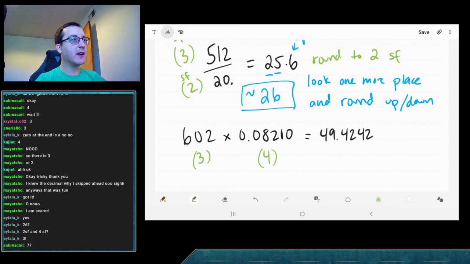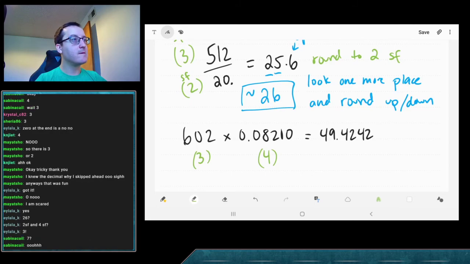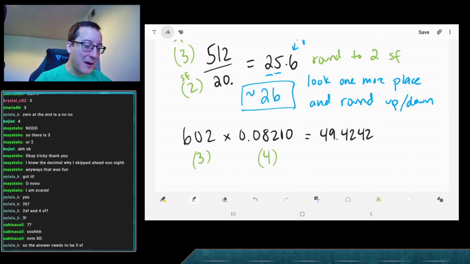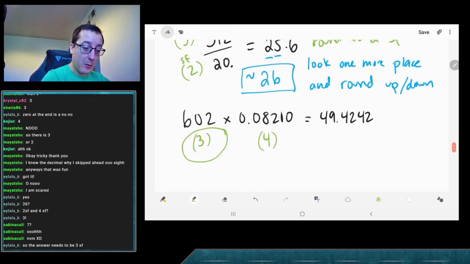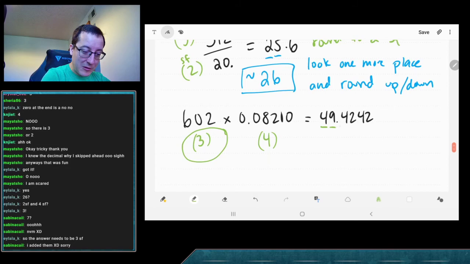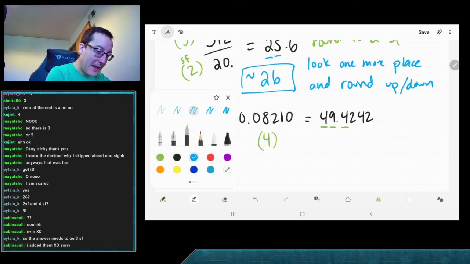Where did 7 come from? There aren't even 7. Yeah, exactly. So anyways, we look at the lowest number of these. Exactly. So our answer will need to be 3 sig figs. So we're going to keep these 3 for sure. And so we need to now look at the next number.